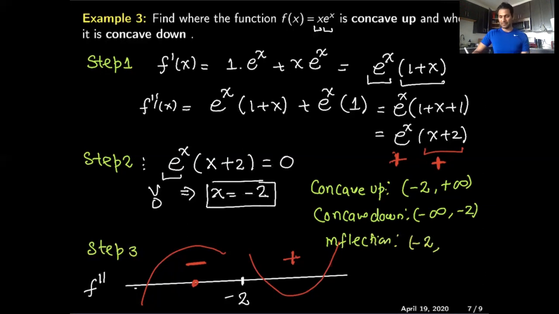And if I plug -2 into the original function, my y value will be e to the power -2, which I can simplify. This is 2e^-2. So this is my point of inflection, with concave upward and concave downward intervals.